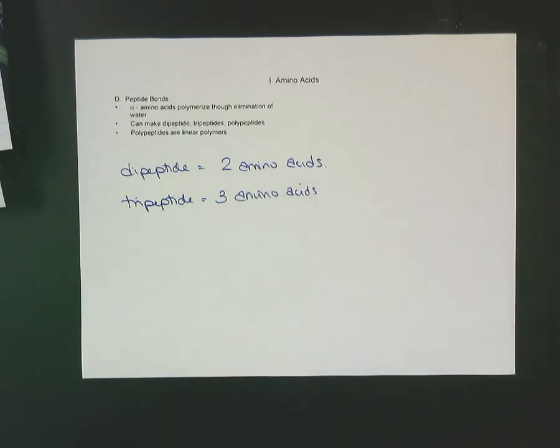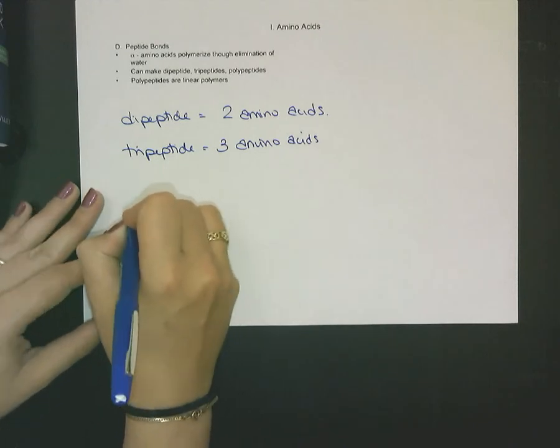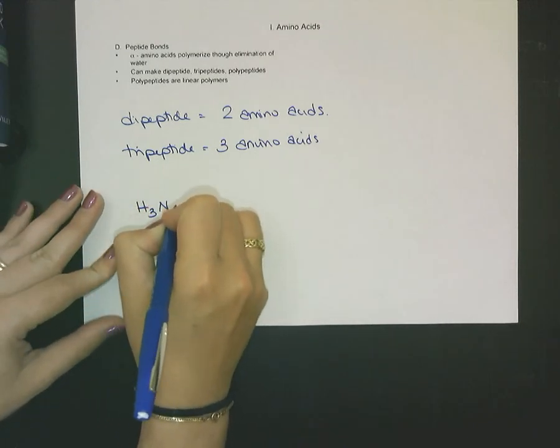And if it's a polypeptide, it is more than 3. So if I have my amino acids, 2 generic amino acids.